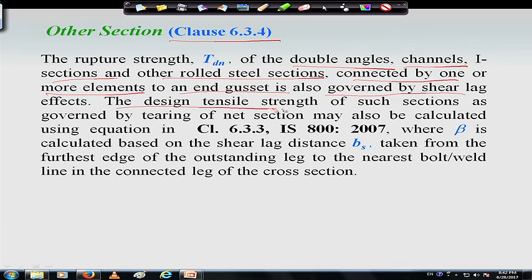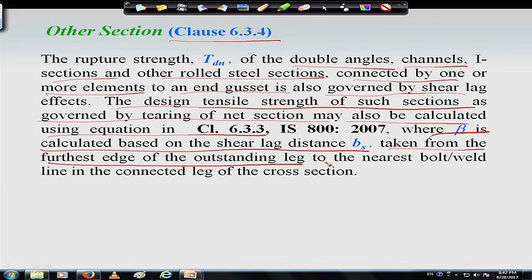The design tensile strength of such sections as governed by tearing of net section may also be calculated using the equation in clause 6.3.3, right, where beta is calculated based on shear lag distance Bs, and Bs is taken from the furthest edge of the outstanding leg to the nearest bolt or weld line in the connected length of the cross section. So for rupture strength calculation for sections other than the single angle, we can use this clause, that is clause 6.3.4.